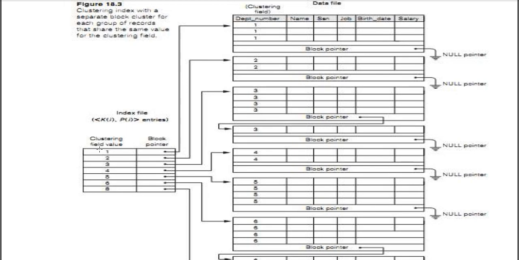And whenever the value of that field is 1, the corresponding pointer is used to reach that block. So again a block pointer is used here, right?